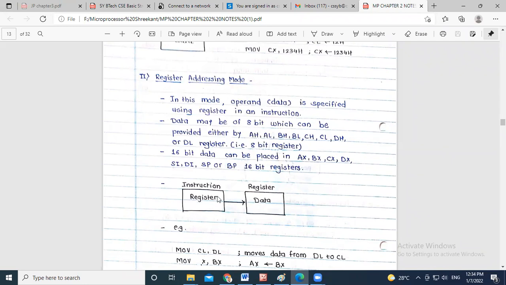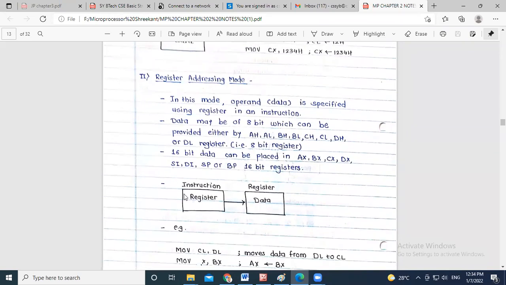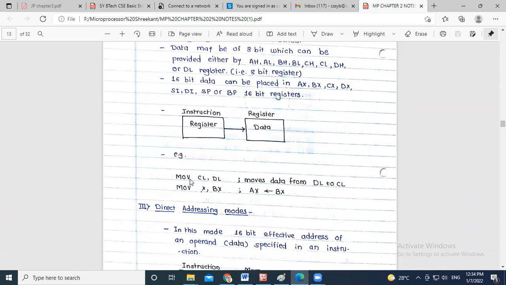Diagrammatically, in the instruction we take a register, and from that register the data is transferred. Just one example: MOV CL, DL. Compare with the previous example of immediate addressing mode, where we took the value 12 or a hexadecimal value.